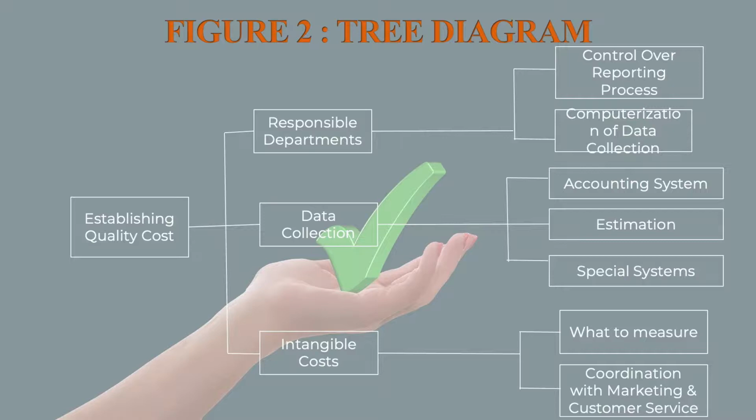All this comes under the data collection point. Then intangible costs: which are the intangible costs, what to measure, and coordination with marketing and customer service. So this is the tree diagram.